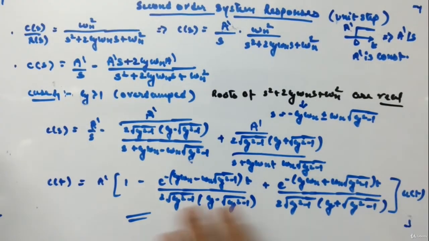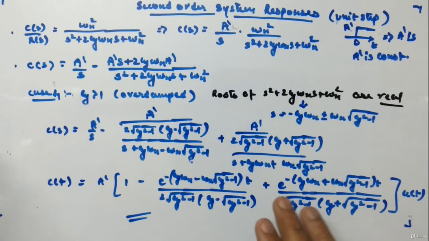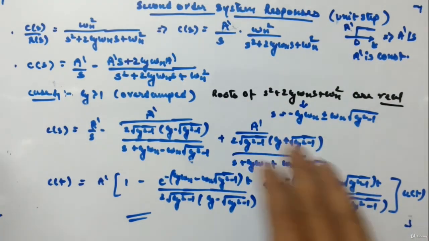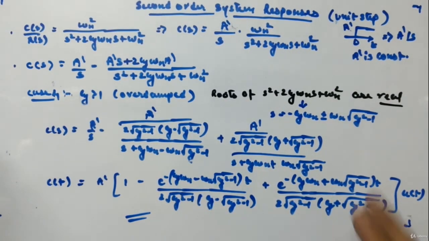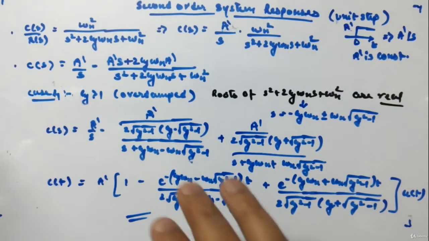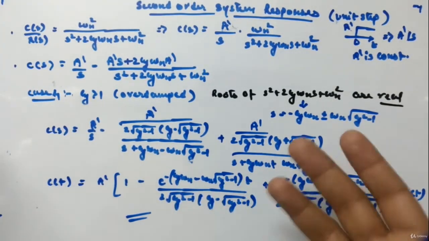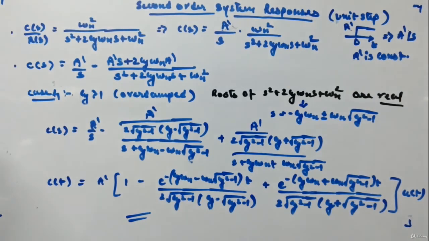I am sorry to say this is the ugliest equation among all four, but you don't have to mug it up. Mostly questions are asked on the overdamped and underdamped cases, so you have to mug up the underdamped case, but I've shown you these derivations so that you know how the responses come out.